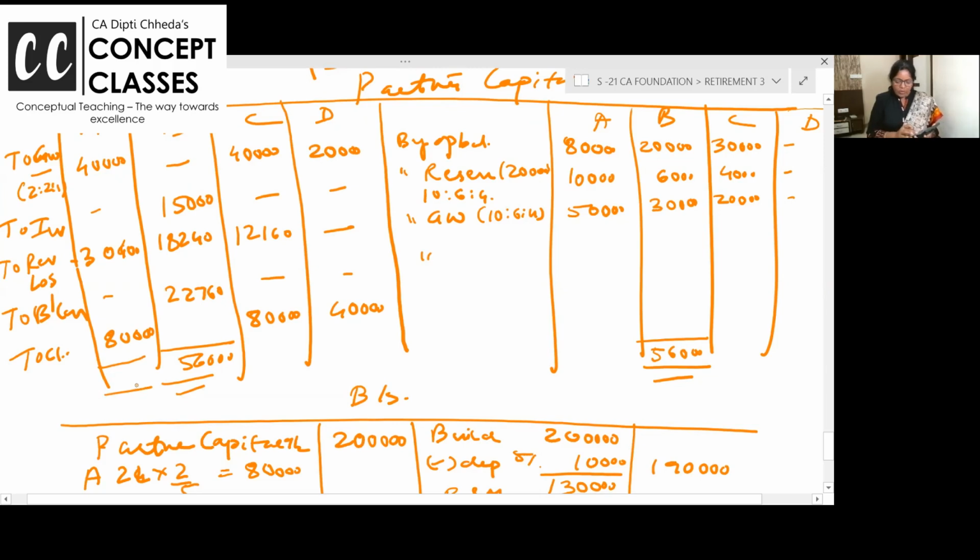Reverse calculate, close A's account. 150, 400 total. 150, 400 minus 90,000 minus 50,000. A should bring 10,400 by bank. Balancing figure, because we have decided how much he should have closing capital.